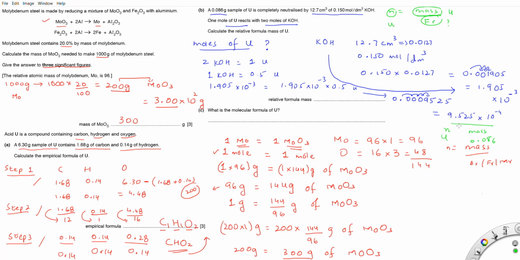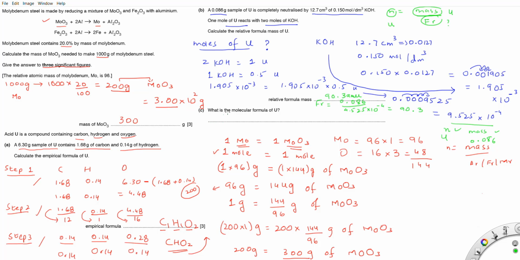So using these two terms, I can calculate the relative formula mass: 0.086 divided by 9.525 × 10^-4, and the answer is 90.288. I can approximate that to 90.3. Relative formula mass has a unit of atomic mass unit, or AMU. Don't get confused.